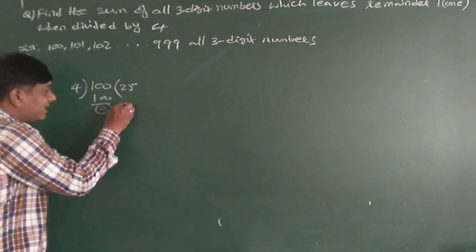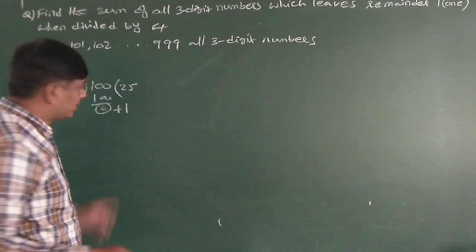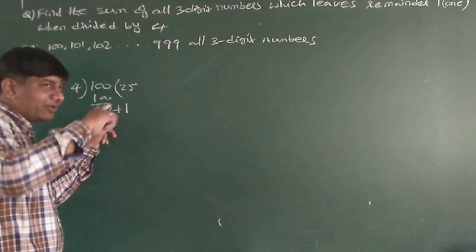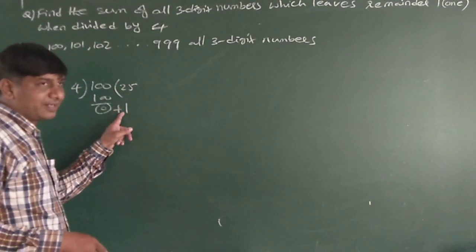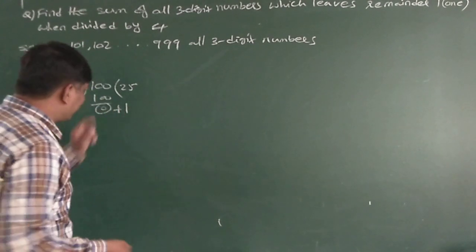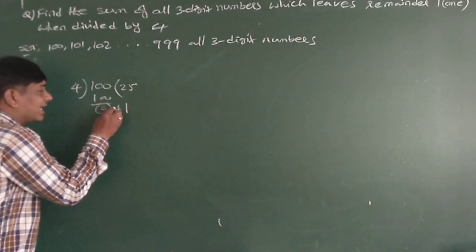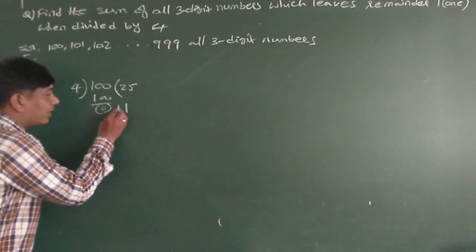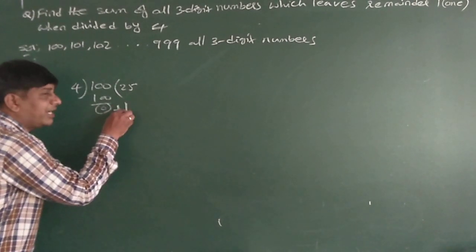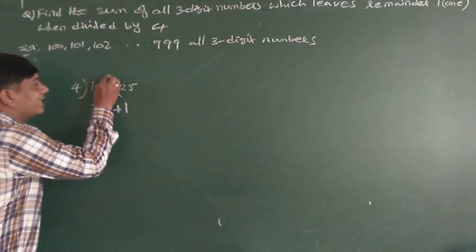If this remainder 0 is increased by 1, then obviously remainder 1 will come. So if you require a remainder 1, you must add 1 to the number also.